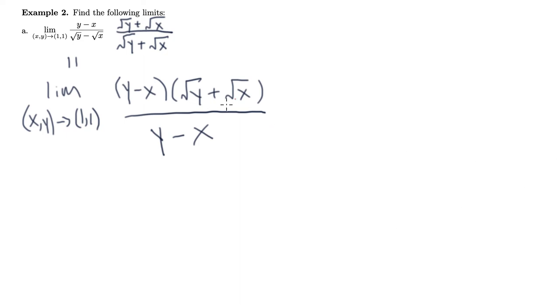And now look what happens. I can actually cancel the factor of y minus x. And why can I do this? Because in Calc 1, we can never cancel things that were equal to 0. That would be like dividing by 0. But notice that y equaling x, which is exactly when this term is 0, is not even in the domain of the function.